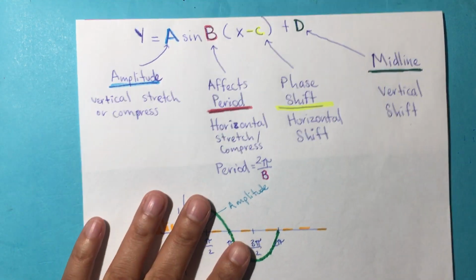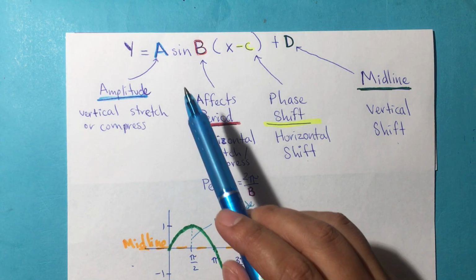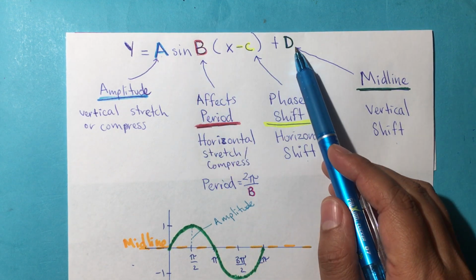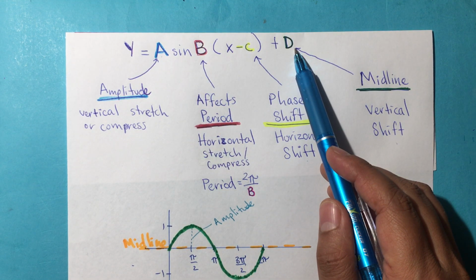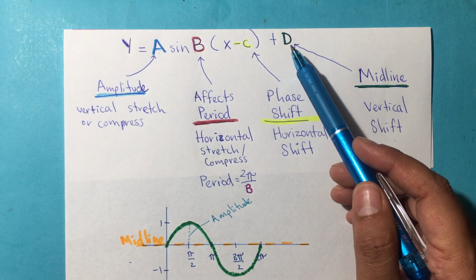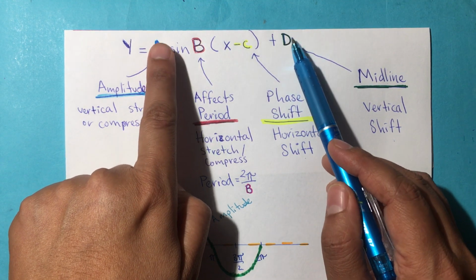Those will be our mother graphs, but what you're going to be doing is changing one of these values. Each one of them affects the graph in a different way. If you recall from 10.10, these are vertical transformations.